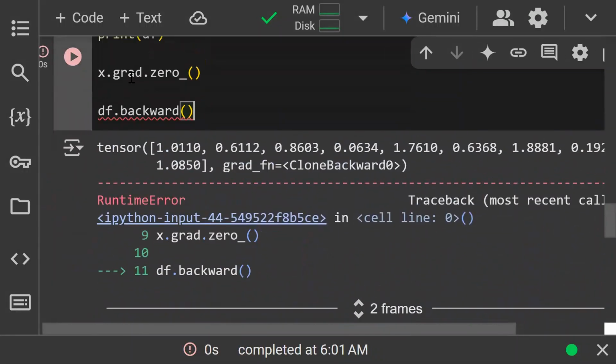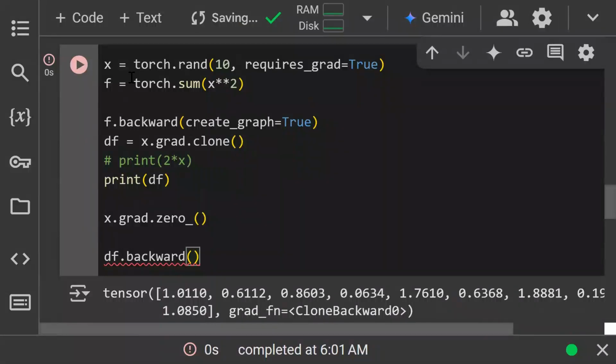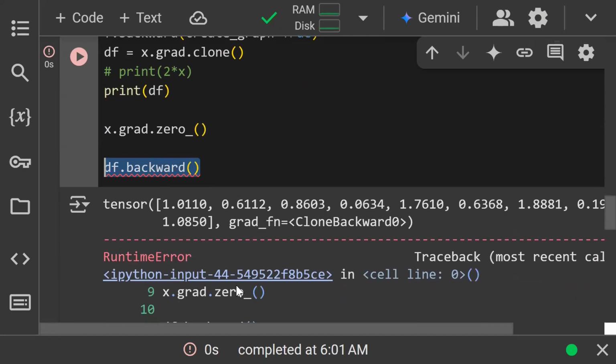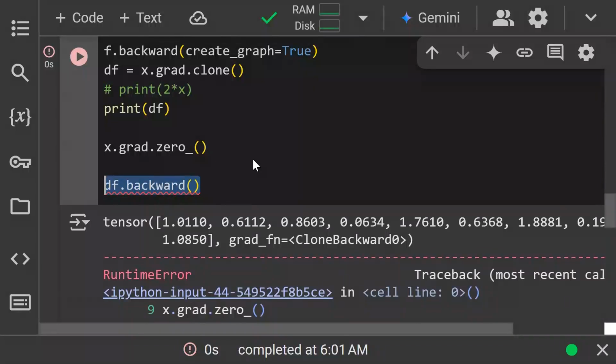That's because, unlike the situation that we saw before, now df is a vector. Previously, the derivative was a scalar, so we could keep taking the derivatives of scalars. But now, since we have this gradient df, which is a vector valued function, PyTorch will complain and say backward only works for scalar valued functions.